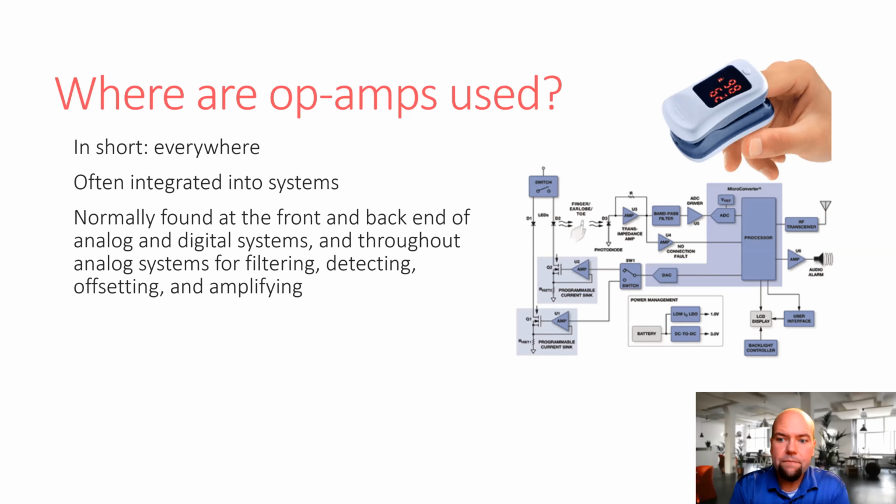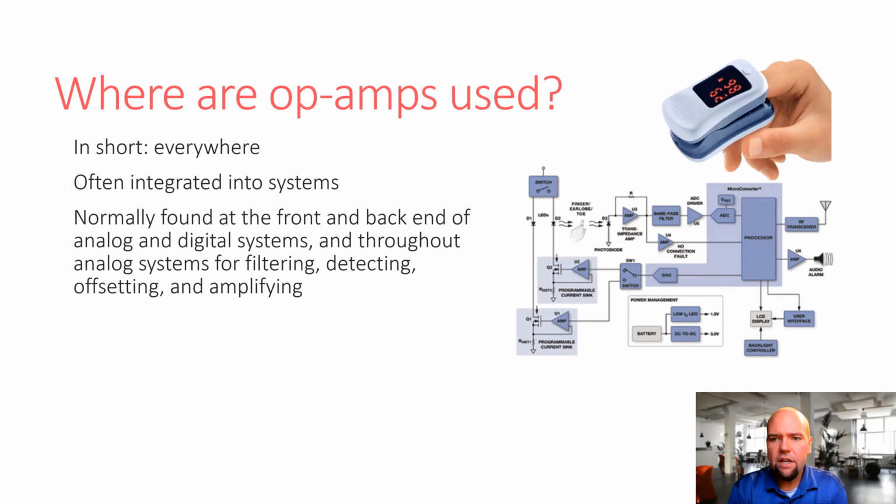Sometimes the op-amp circuit is built into another circuit, even a digital circuit. They're usually found at the front and back end. They're used to take some signal from the natural world, clean it up, amplify it, and get it ready for consumption by another part of a circuit. Or sometimes they're at the other end: you've produced an audio tone and you want to amplify it to drive a speaker. Then maybe you'd use an op-amp for that.